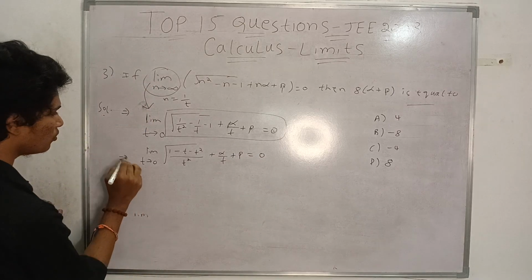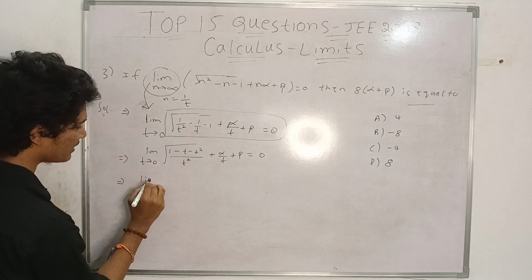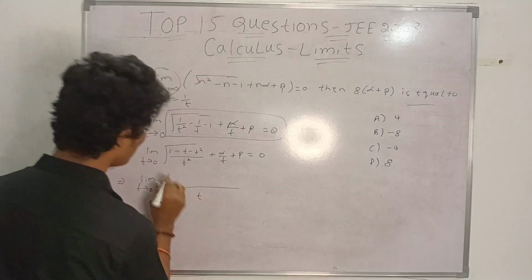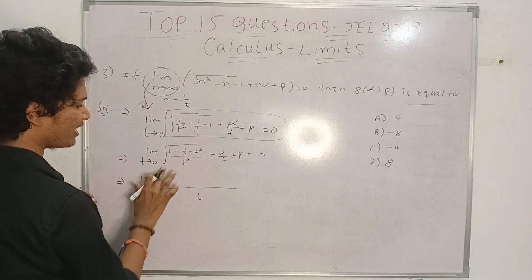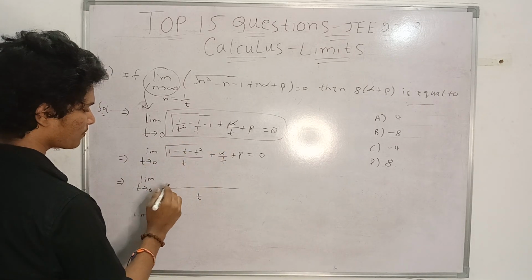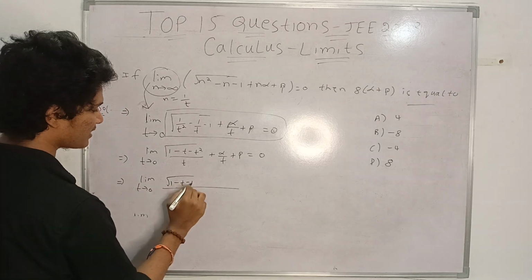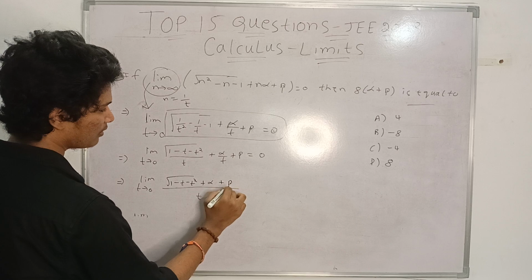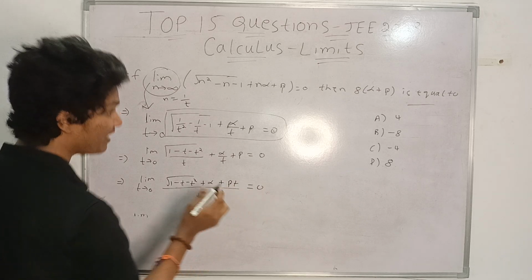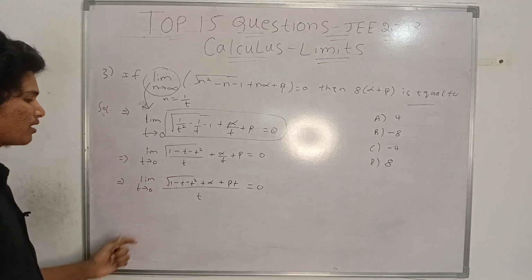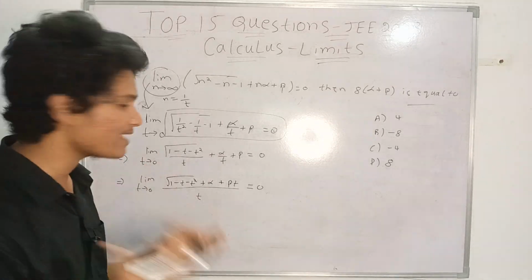What can I do now? I can take the LCM, that is limit t tending to 0. The LCM here is t. Because it is t square under the root, it will get cancelled and it will become t. And again here, root of 1 minus t minus t square plus alpha plus beta t equal to 0. They have given that this limit is equal to 0. Now we have to substitute t equal to 0 and check whether the limit is existing or not.